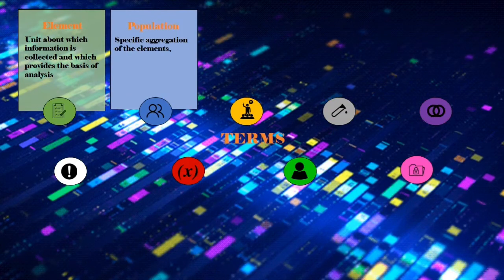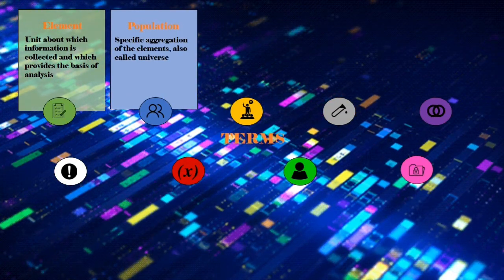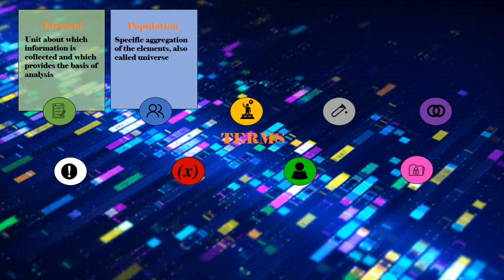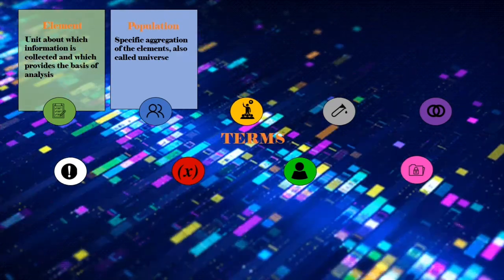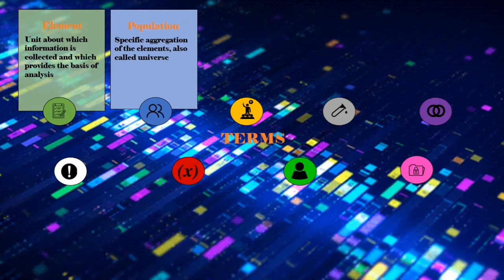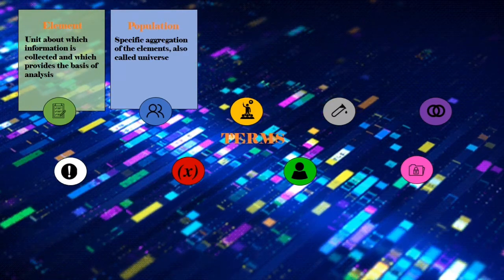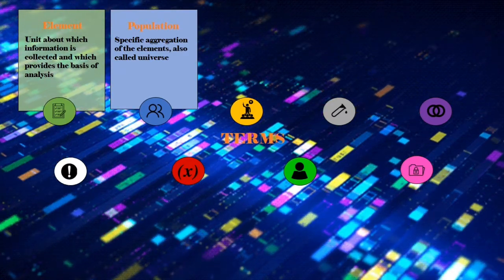Another is population. This is a specific aggregation of all the elements, and this is usually called the universe. Population is a well-defined collection of individuals or objects known to have similar characteristics.